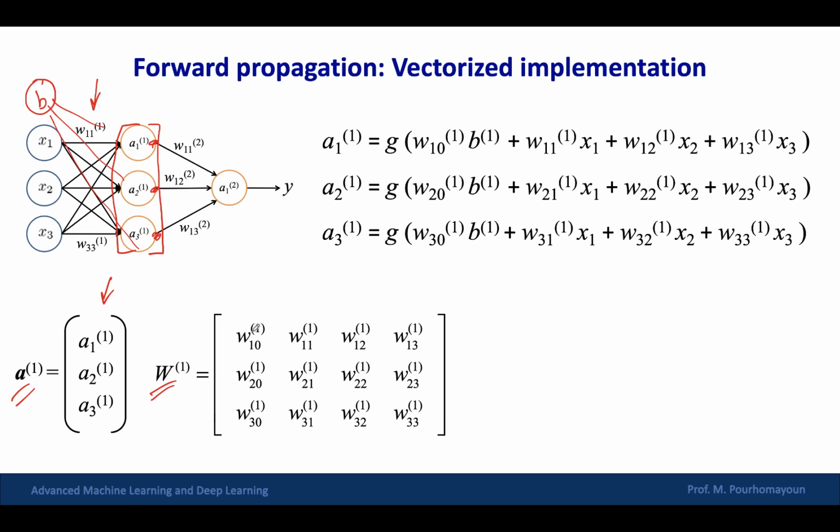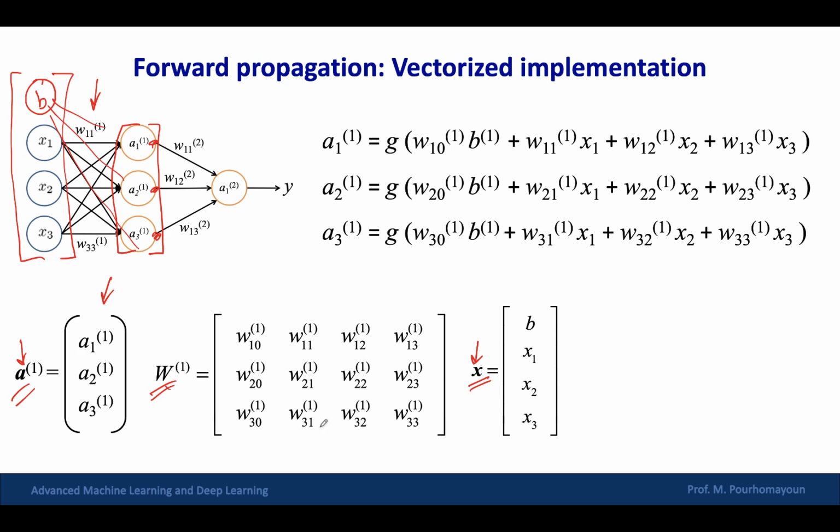Okay, so I put all of those 12 weights here in this matrix, and this is the weight matrix, and then I put all of these inputs into another vector or array. I call it X, the input vector, and as you see, this is bold, it means that it represents a vector.